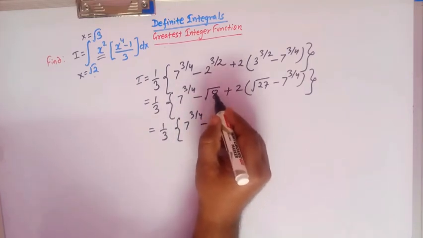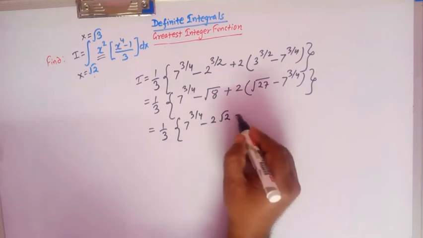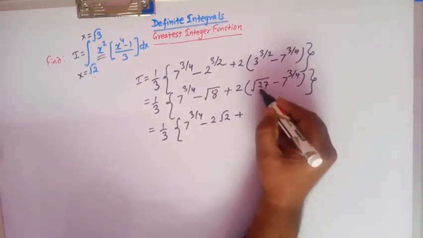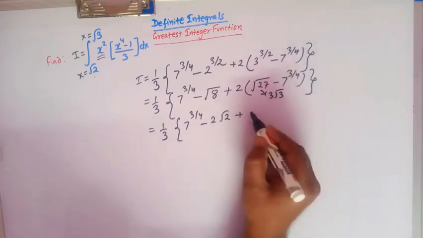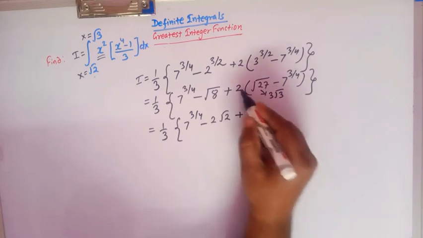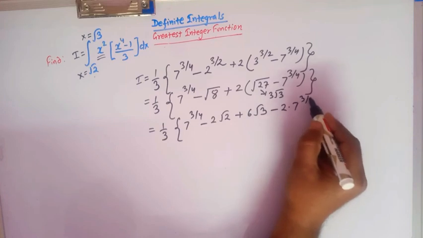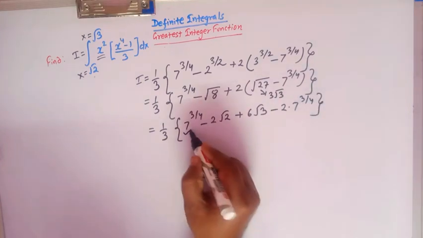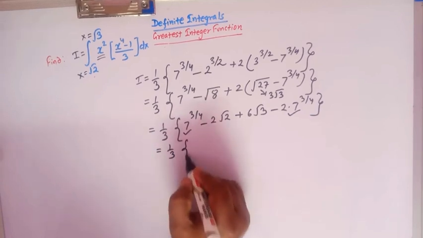Root 8 can be written as 2 root 2, and here root 27 can be written as 3 root 3. So we have 2 3s are 6, so we have 6 root 3, and 2 times 7 raised to 3 over 4. Now this term and this term, they are both like terms, so we can subtract them.